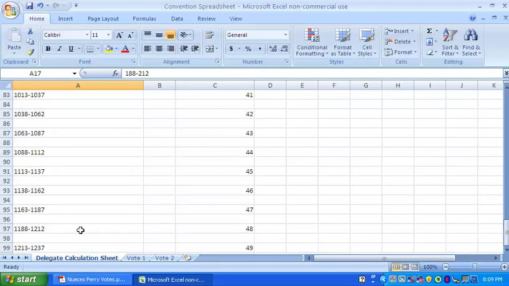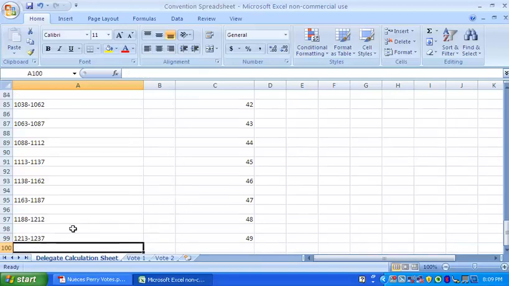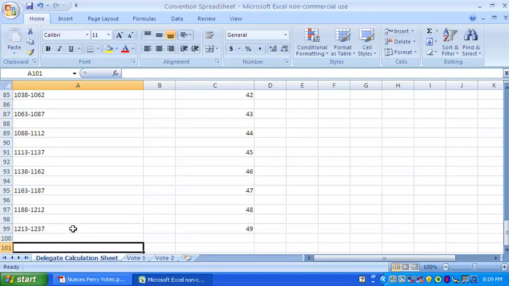Now, a quick note on this, you'll notice that 1213 to 1237 is 24. So if you were going to come down and add another bracket, because say you had more than 1,237 votes in your precinct for Rick Perry in 2012 as governor, then you would come down to the next line, and you would start at 1238, and you would add 24 to that, which would be 1262.